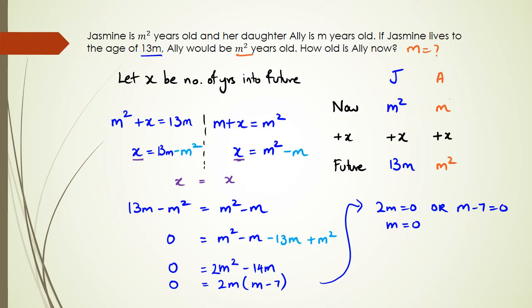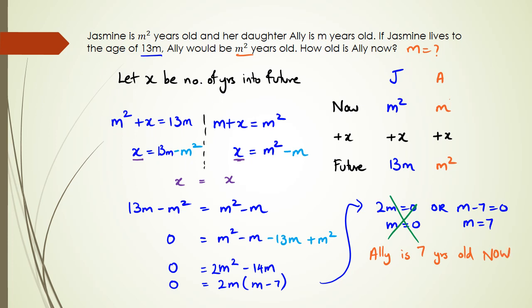In the first case, m is equal to 0. In the second case, m equals 7. Now we know Ali can't be 0 years old, because if Ali is 0 then Jasmine is 0, and it doesn't make sense, because in the future 13 times 0 doesn't work, so we get rid of that. So what we do know is Ali is 7 years old right now.